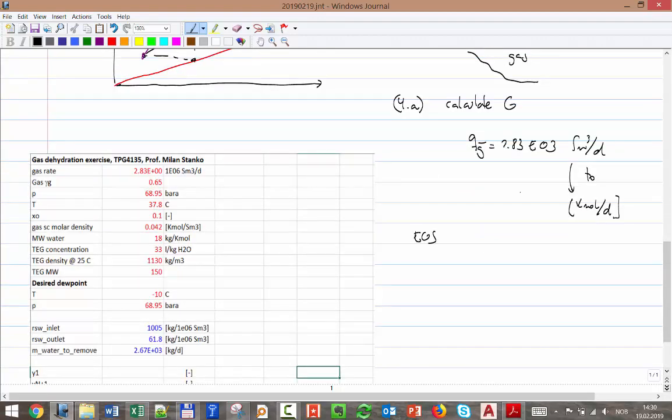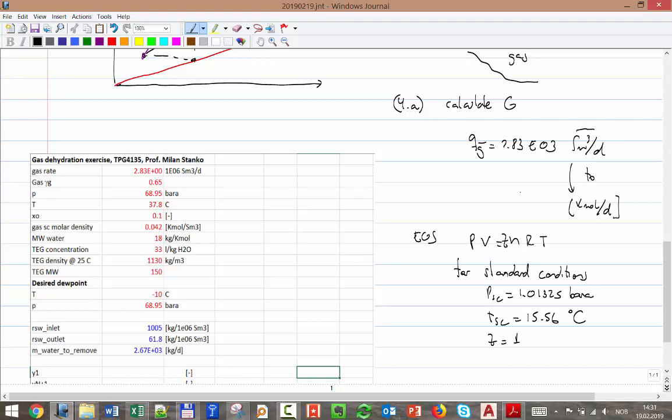Remember we have PV equals nRT. We have to apply that equation for standard conditions, because that's where I'm measuring this rate. For standard conditions, P standard condition is 1.01325 bar. T standard condition is 15.56 Celsius.